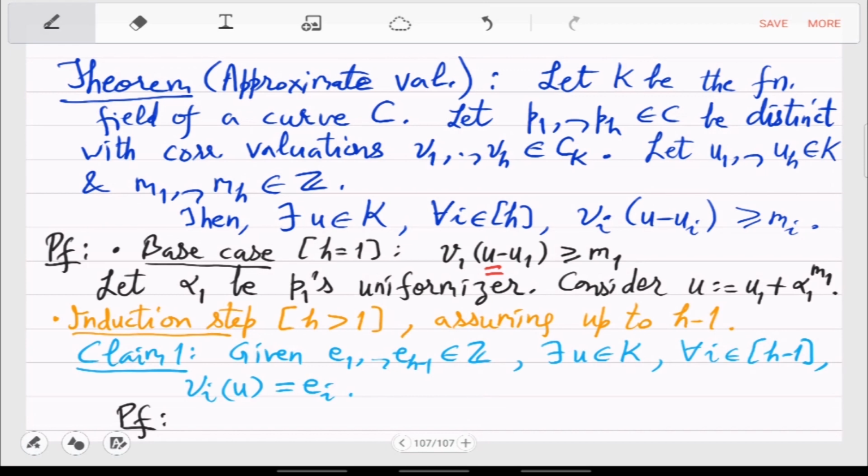I'll get this basically from the theorem which we are assuming in the induction hypothesis, where at least we have answered the question, and then we'll use this to complete the induction step. So again, read the theorem statement for H minus 1. Can you deduce claim 1?